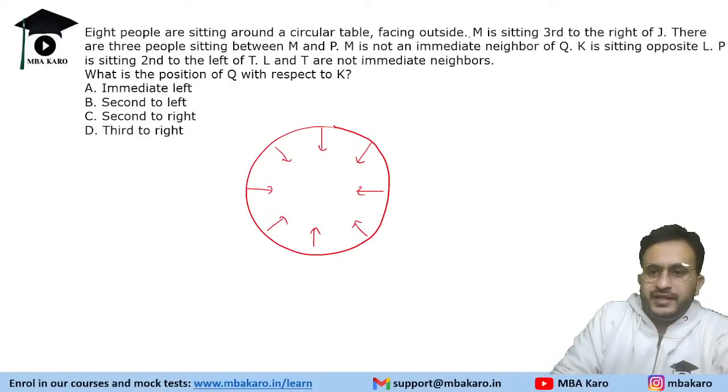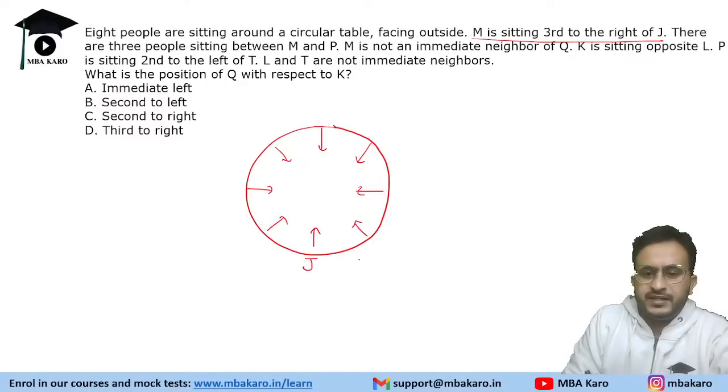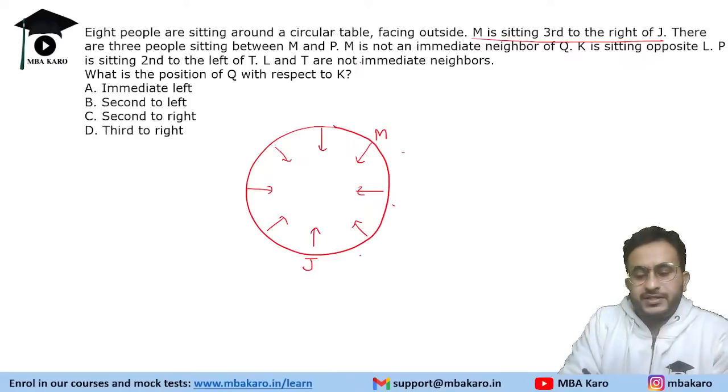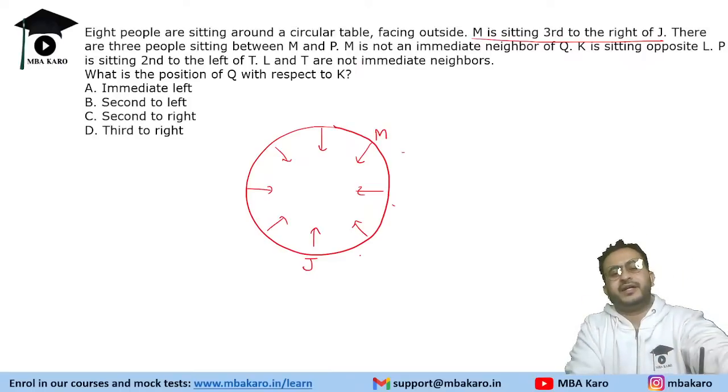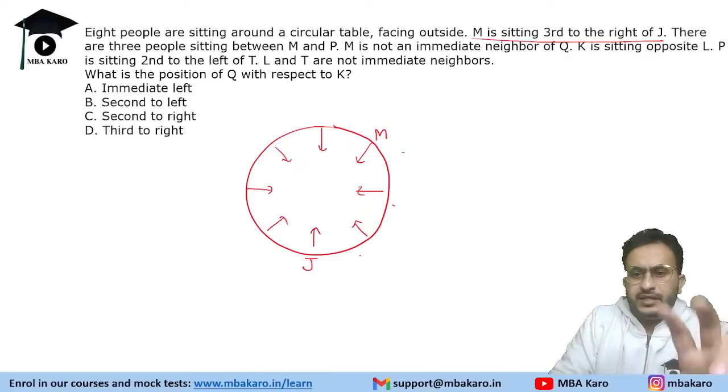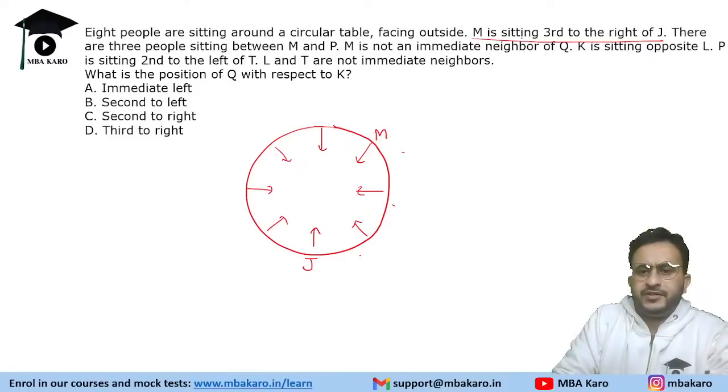So we are given that M is sitting third to the right of J. Okay, so if this is J, 1, 2, 3, this will be M. There are three people between M and P. Acha, so now again this thing I can directly put is, if there are 8 people, 8 का हाफ कितना होता है 4, ठीक है. If there are 2n people, आपको सोचना ही नहीं है कि 3 people कौन सी साइड से लेना, लेफ्ट से राइट से लेना.